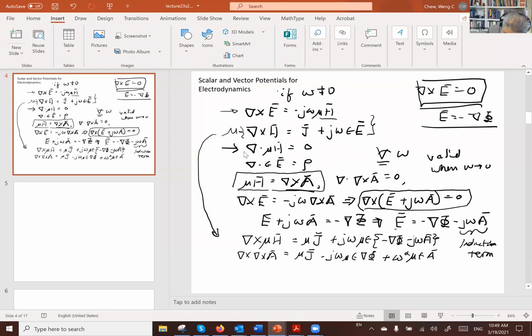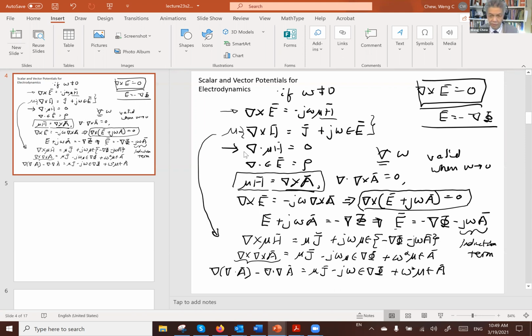Again, I'm going to use the BAC-CAB formula to simplify a double curl, and that becomes the gradient of the divergence of A minus the Laplacian of A equal to the right-hand side: mu J minus j omega mu epsilon gradient of phi plus omega squared mu epsilon A.